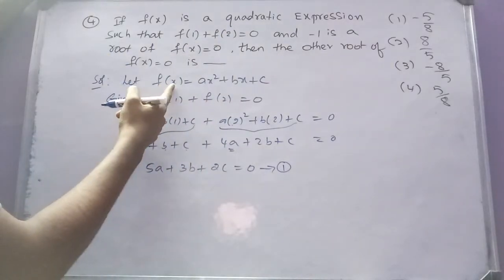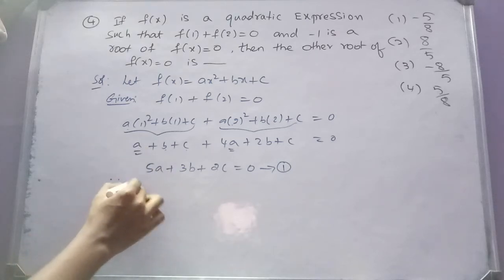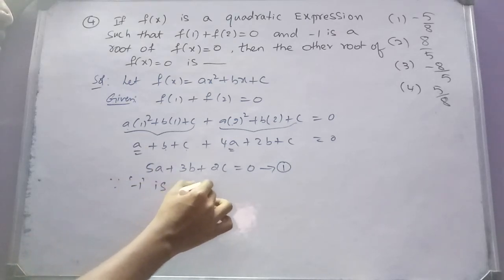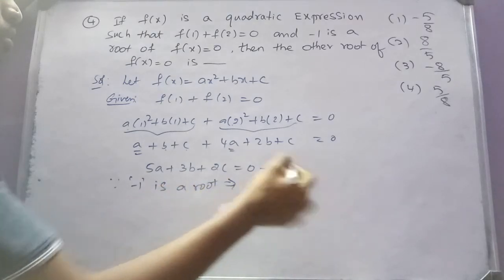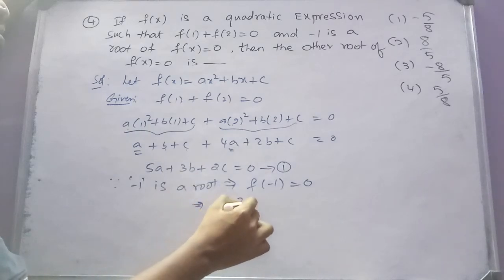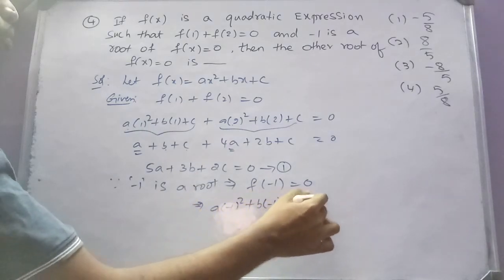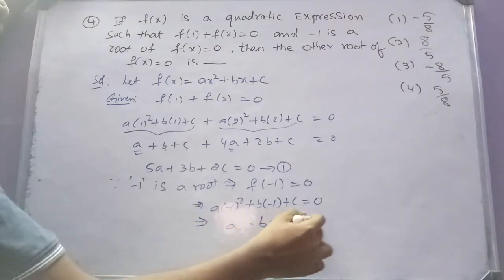Since minus 1 is a root, we can say that f of minus 1 equal to 0. Which means what? A into minus 1 square plus b into minus 1 plus c equal to 0. This is a minus b plus c equal to 0.